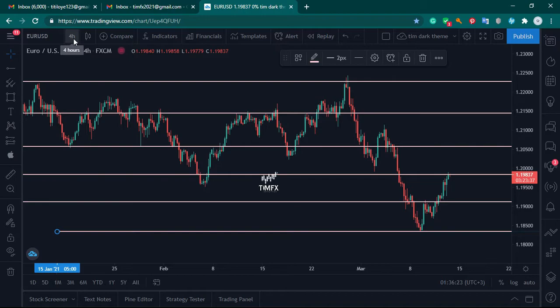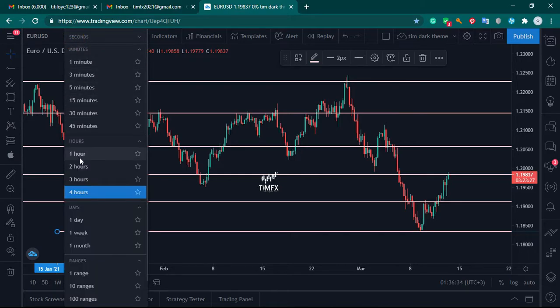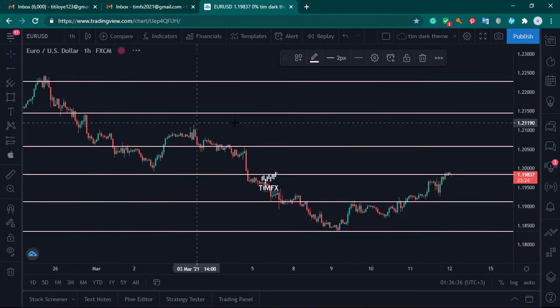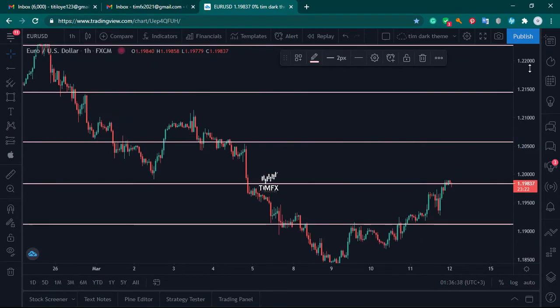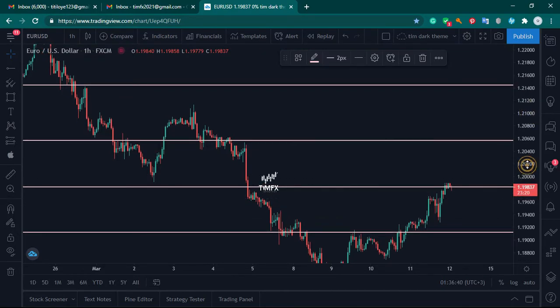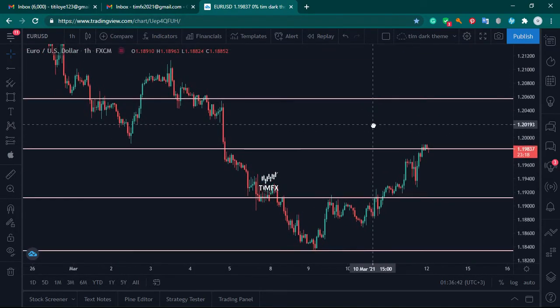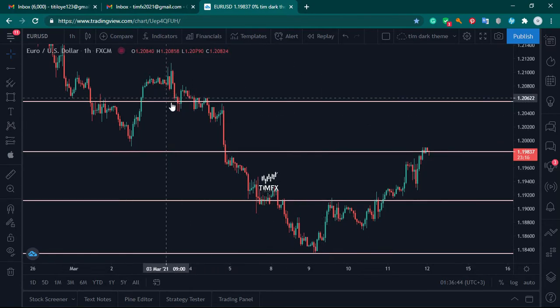So in the 1-hour time frame, we'll be able to see a clearer picture of this support and resistance. So let's go there now. Okay, so actually we should be working with the current market price. This is the 1-hour time frame, and this is where the market is at the moment.